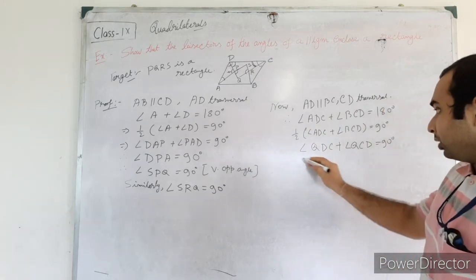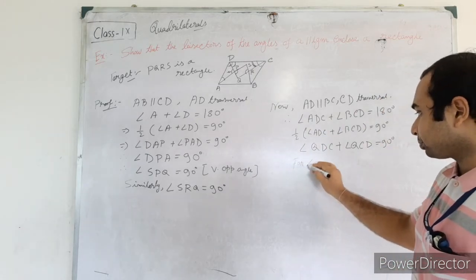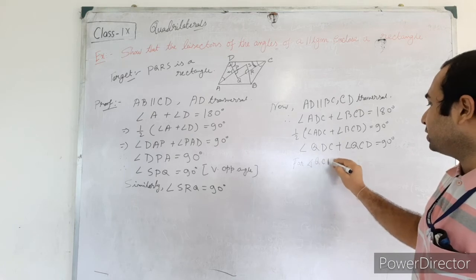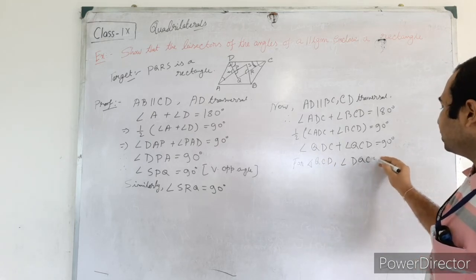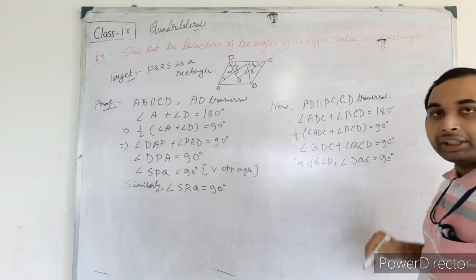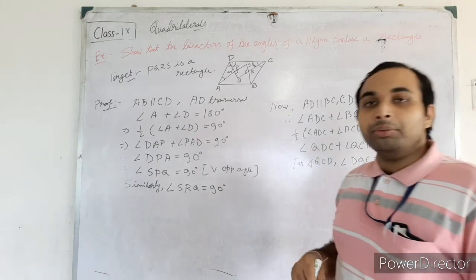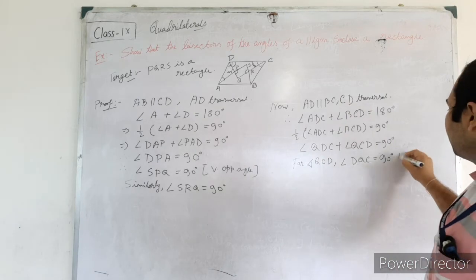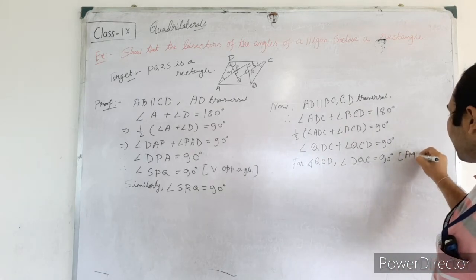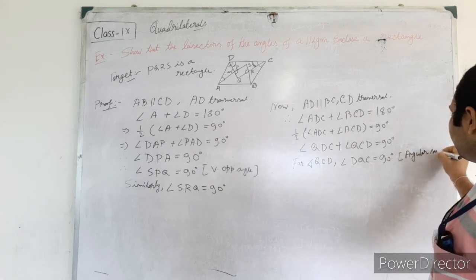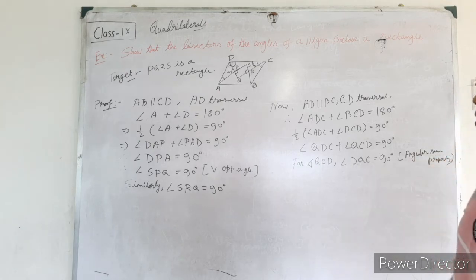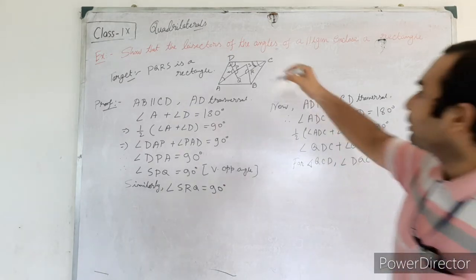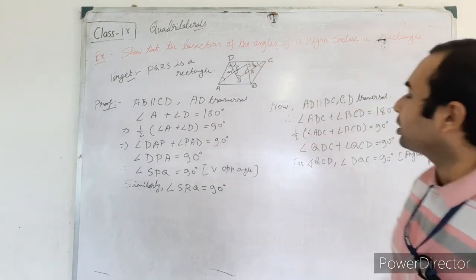So from here we can conclude that for triangle QCD, angle DQC is also 90 degrees, from the angle sum property. You can write this down also from the angle sum property. So we have got this angle also equal to 90 degrees.